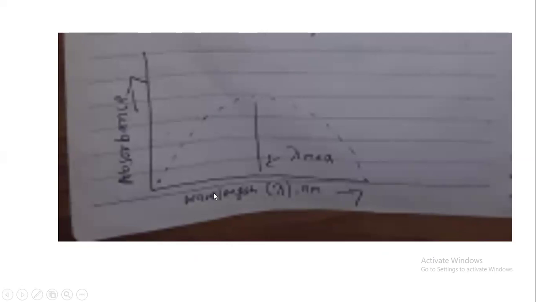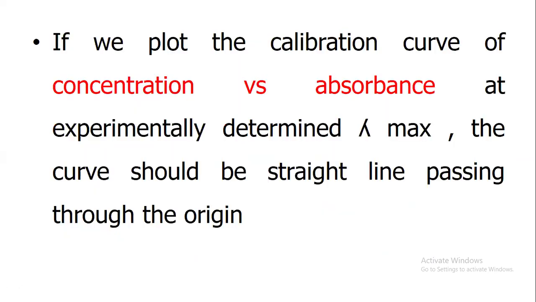Absorption, wavelength, lambda max. If we plot the calibration curve of concentration versus absorbance at experimentally determined lambda max, the curve should be a straight line passing through the origin.